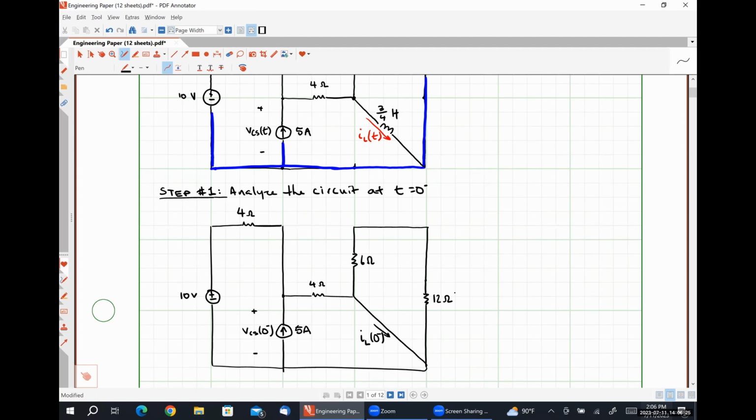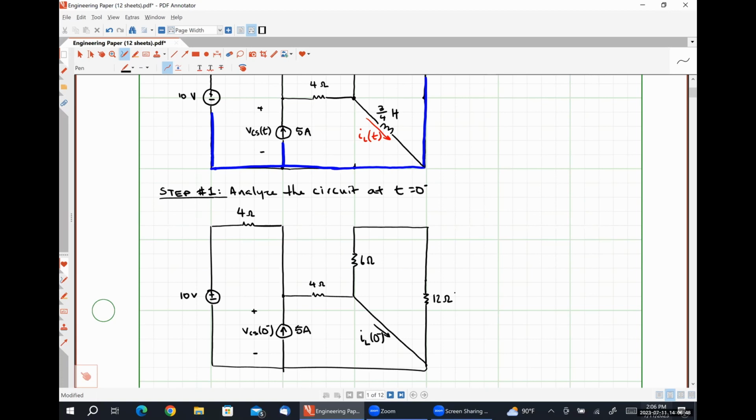And before we get into analyzing this, we can make a couple of observations. So the first observation that I'm going to make is that the 6 ohm resistor appears in parallel with the 12 ohm resistor.